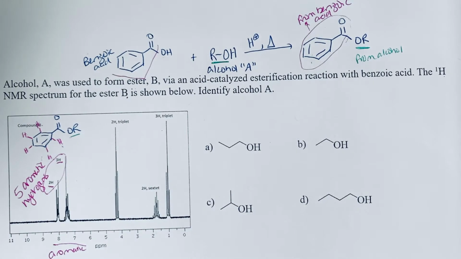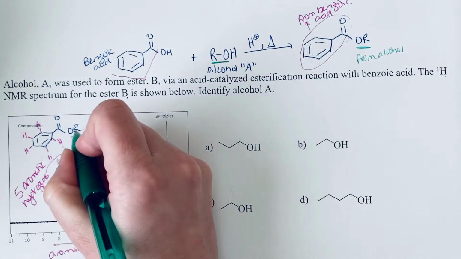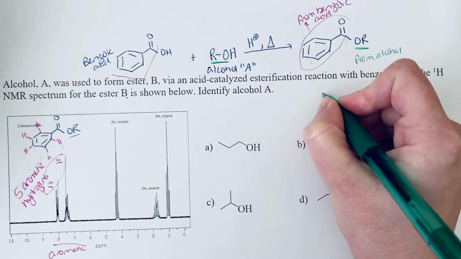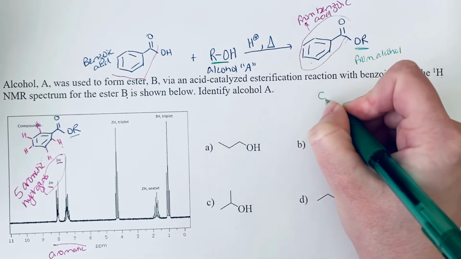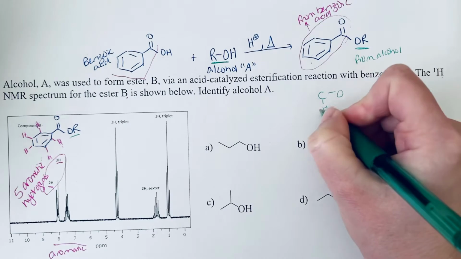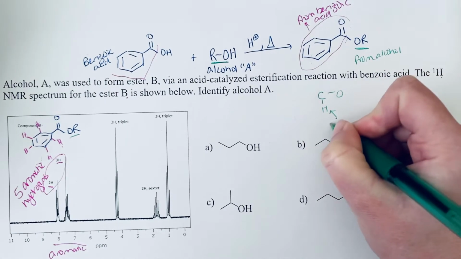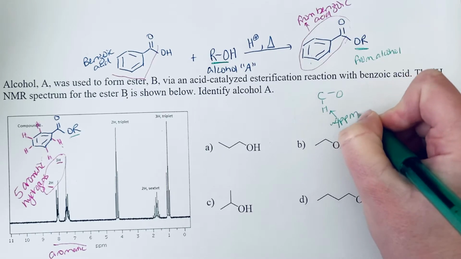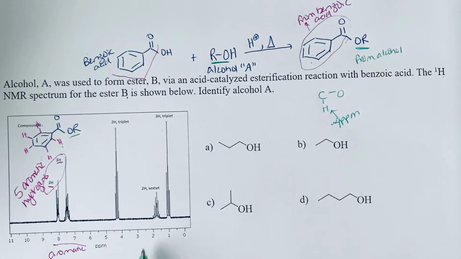We want to know the signal that is attached to the oxygen. One thing we should remember is that in proton NMR, if you have hydrogens on a carbon that's attached to oxygen, then the chemical shift for those hydrogens will be somewhere around 4 parts per million. That's the scale on the bottom.